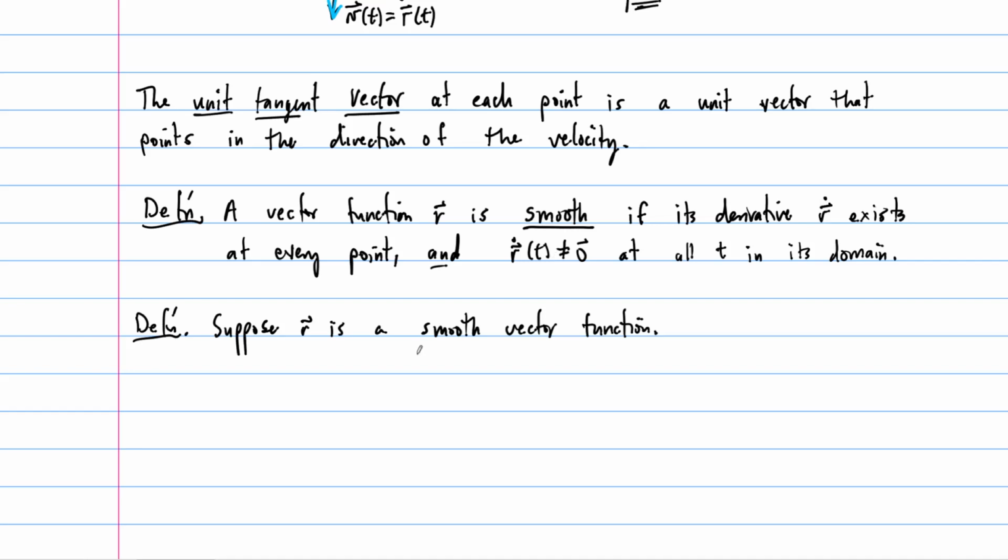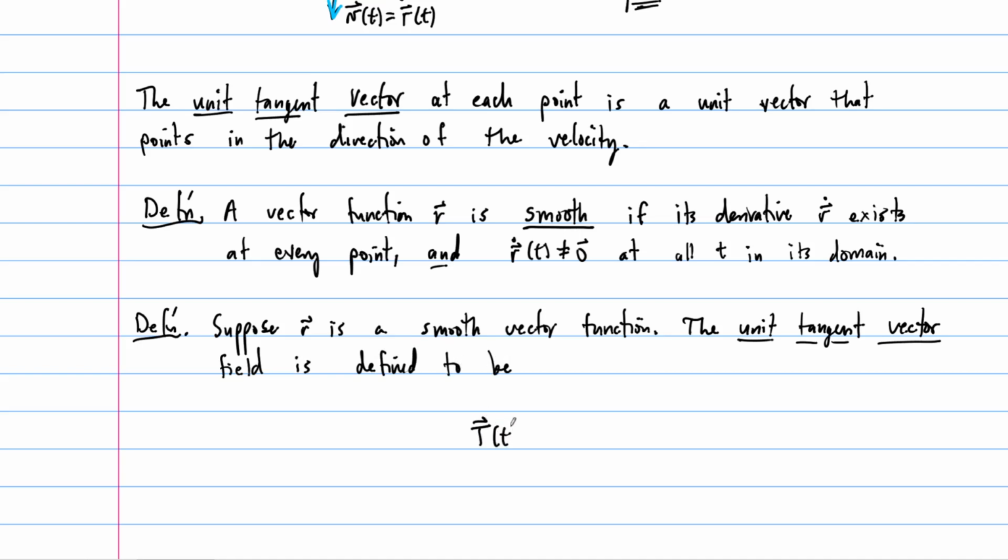So suppose r is a smooth vector function. The unit tangent vector, and this is actually called a tangent vector field, but we're not going to worry about field yet. We'll talk about that later in the semester. But the unit tangent vector field is defined to be this.